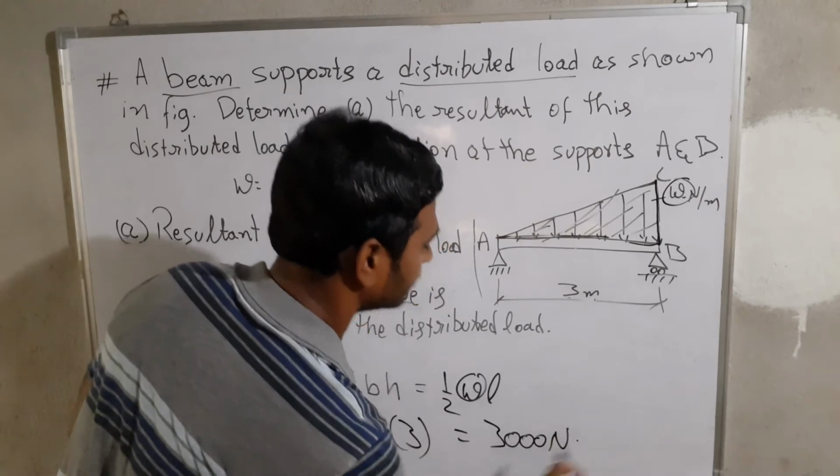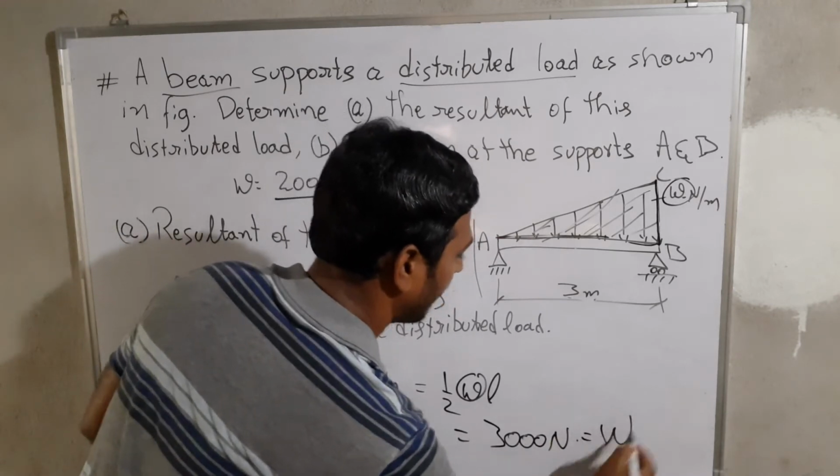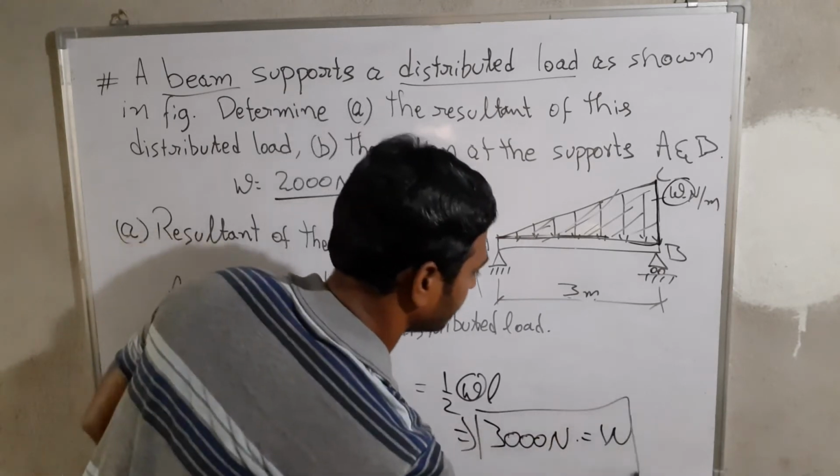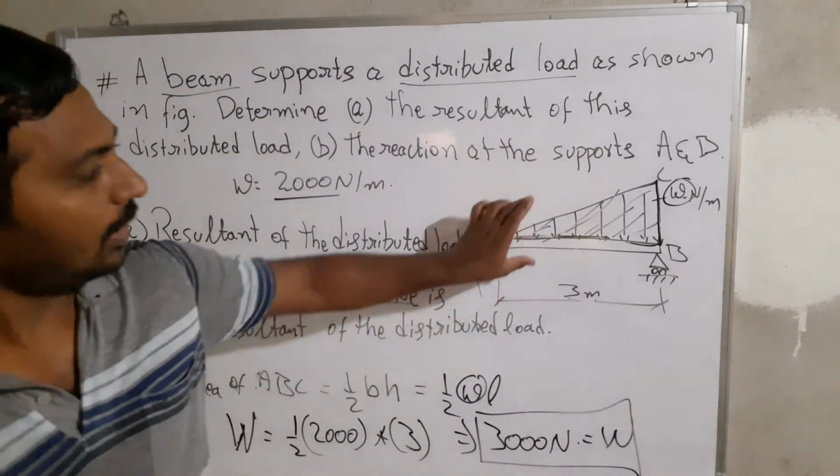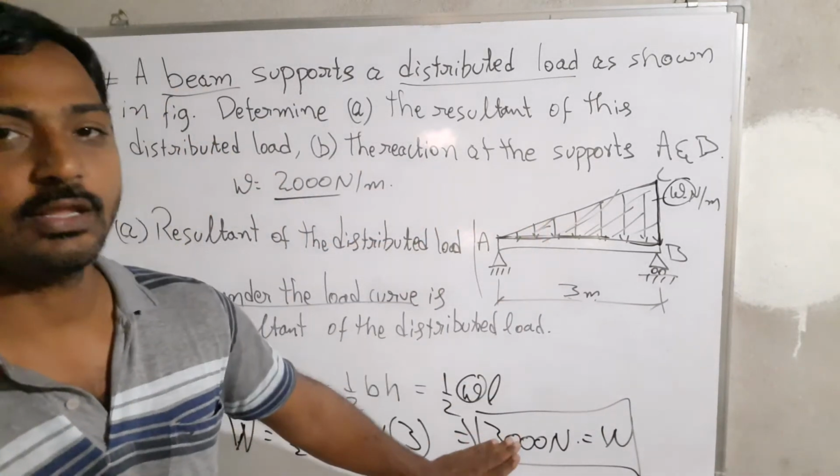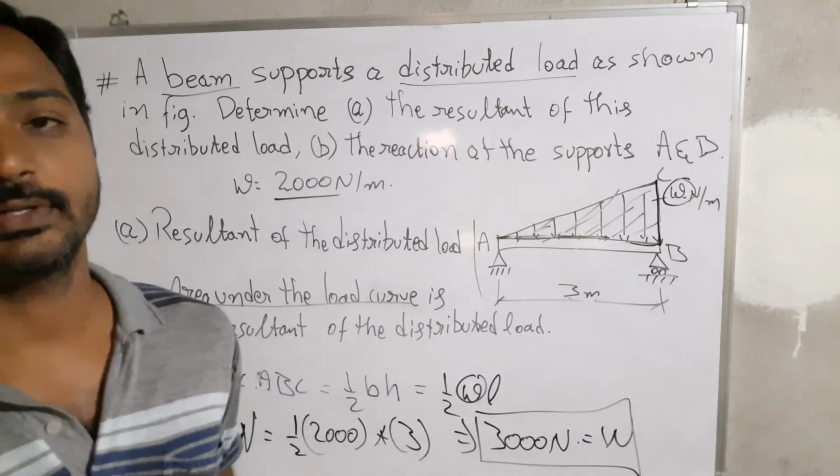So that is equal to capital W. That means the total distributed load is converted into a resultant load.